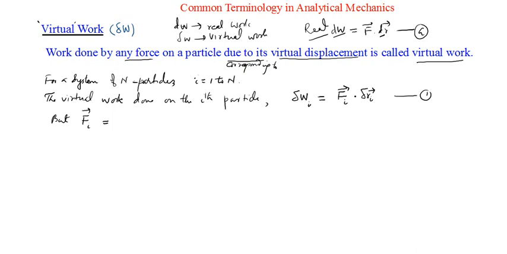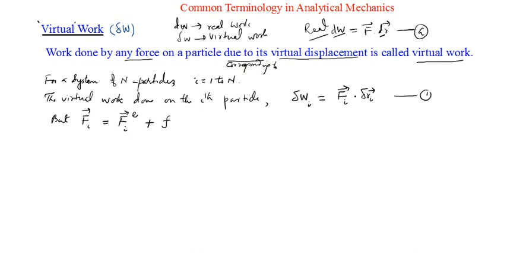There can be an external force, whenever there is a system, which is acting on the system. I'm writing it as Fie, or I can write Fia, where a means applied. External forces are otherwise known as applied forces. And these systems are moving under some constraint forces, right? So let me consider the presence of the constraint forces also.